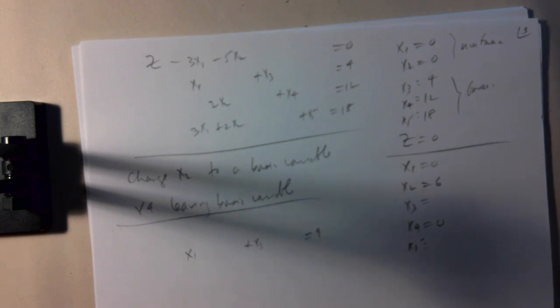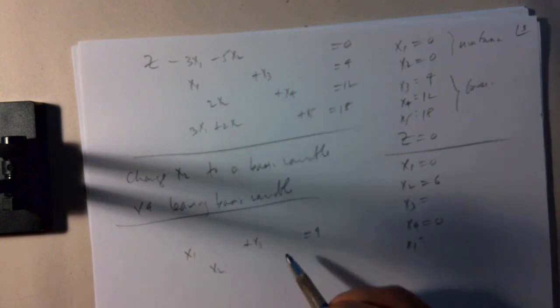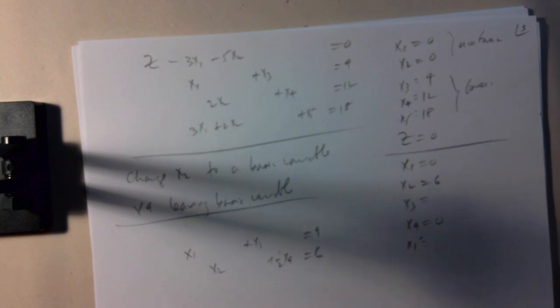I don't need to change that. In the second equation, divide by 2: x2 plus a half x4 equals 6. So here it's clear when x4 is 0, x2 is 6. From here it's clear that when x1 is 0, x3 is 4.